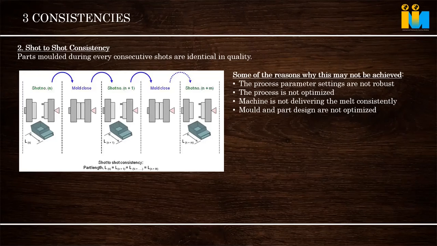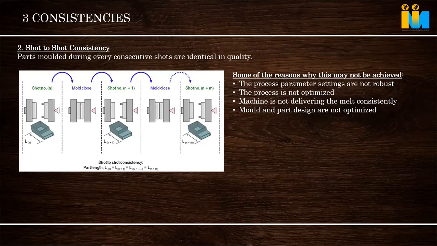There could be cases where in the morning the part is running very good, in the afternoon the part gives some problem, and in the evening it will be okay. I have even seen that whenever the atmosphere gets heated up, if it is a critical part, your dimension also varies. This is what is known as shot to shot consistency.